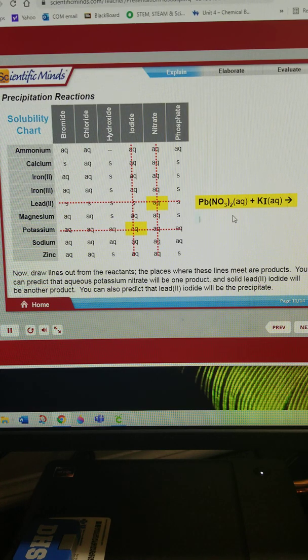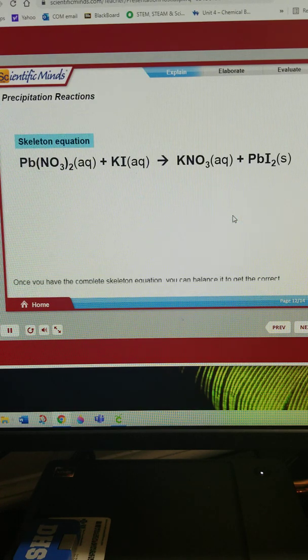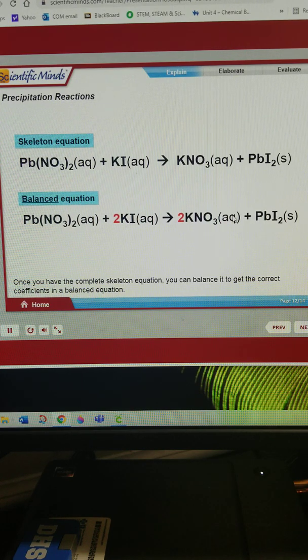You can predict that aqueous potassium nitrate will be one product, and solid lead-2 iodide will be another product. You can also predict that lead-2 iodide will be the precipitate. Once you have the complete skeleton equation, you can balance it to get the correct coefficients in a balanced equation.